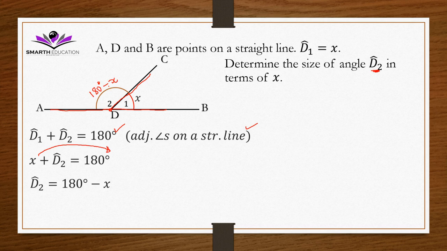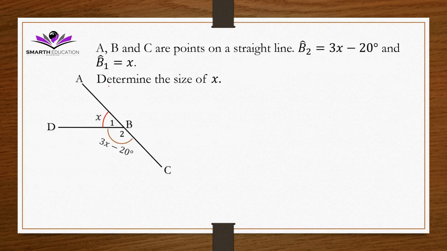Okay. Right. Are you ready to do the next question? Let's try it. A, B, and C are points on a straight line. B2 is equal to 3x minus 20, and B1 is equal to x. Determine the size of x. So now, do we have a straight line? We're told that A, B, C are points on a straight line.